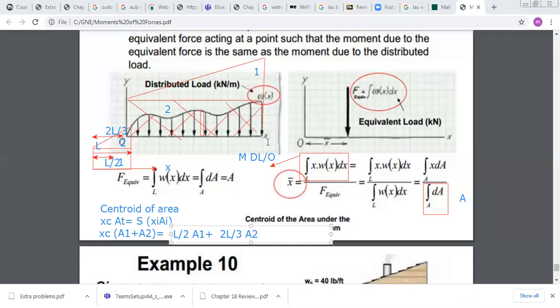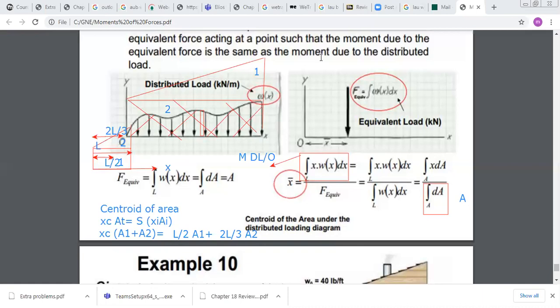So here, because it's not a simple geometry, because we have a function, instead of doing the summation of xi Ai, we should do integration. So we can say that the integral of x dA over A is nothing other than the position of the centroid of the area. As a result, we can conclude from this slide that if we have a distributed load and we want to replace it by one force, the resultant force will be equal to the area under the curve, and the force should pass through the centroid of the area.